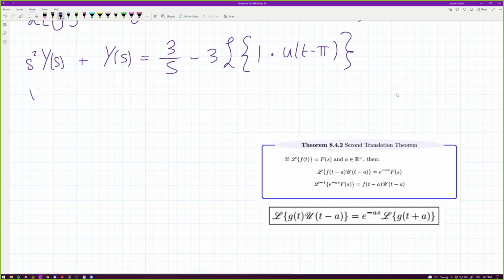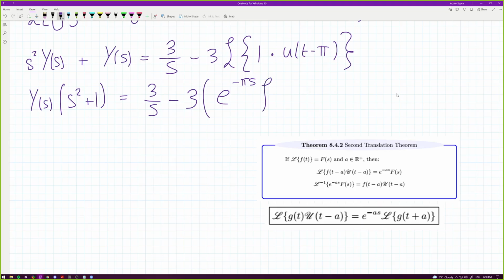Right away I'm just going to factor out the Y of s to make our lives a little easier. So s squared plus 1 equals 3 over s minus 3 times, and now what's in there? Well, it's going to be e to the negative pi s, just using this formula right here: e to the negative a s.